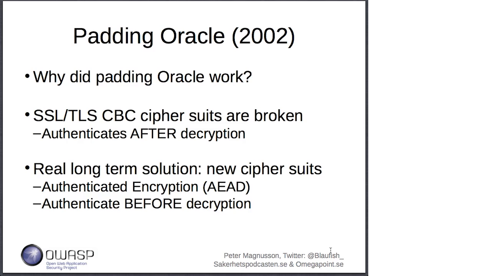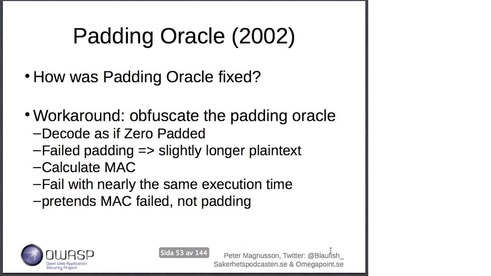And how do we solve a problem which is deployed all over the internet? Well, we do some magic. We try to lie to the client about what is happening in the decryption process, and we fiddle around and try to make it seem like no, it wasn't a padding error, it was just an authentication error.